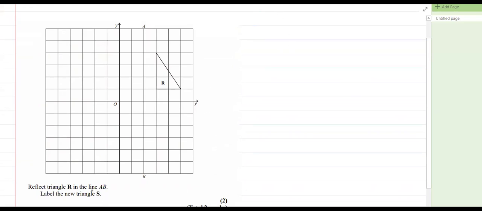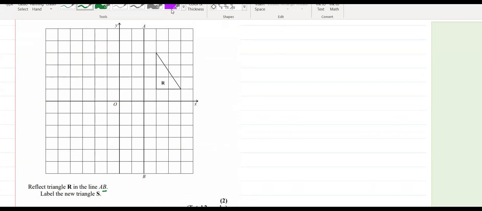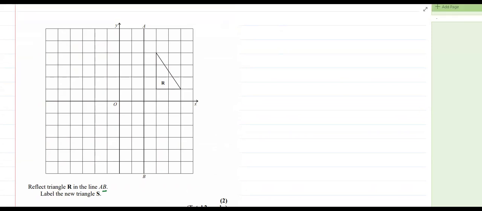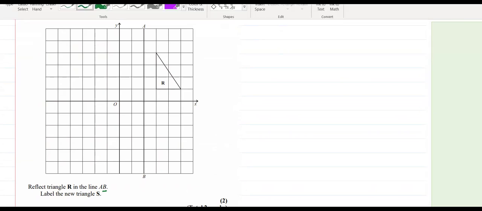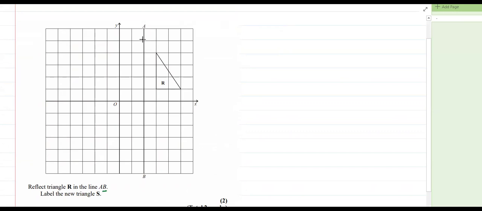The line of the reflection will be given. This line AB is the line of reflection, mean your mirror is placed at this line. Okay, I will highlight it more so it become clear for you. The line of reflection is there. This is the line of reflection. Okay, this one is the line of reflection. I mean, this is your mirror line.